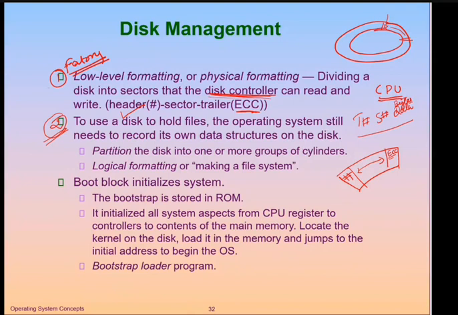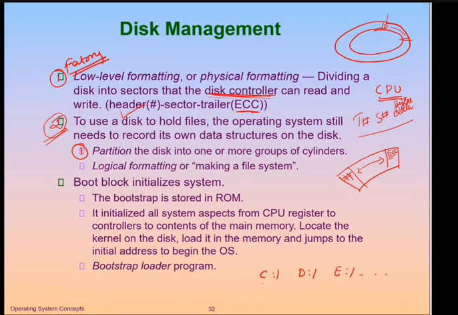This can be done in two steps. The first step is partitioning. In this, the operating system will divide the group of cylinders into different partitions. You might have seen in some systems there is a C drive, a D drive, an E drive, and so on.